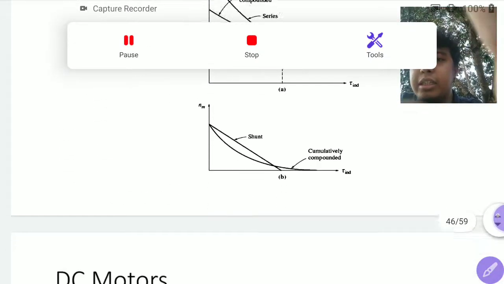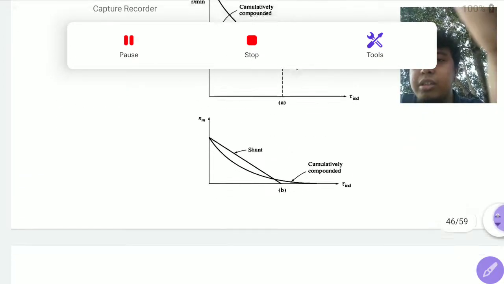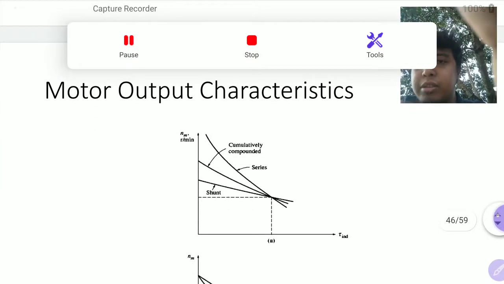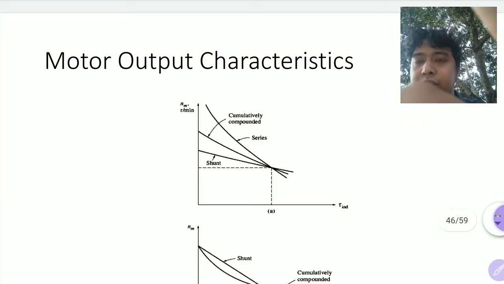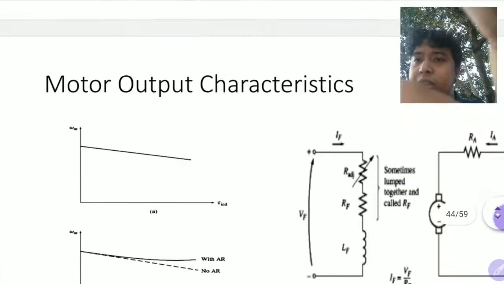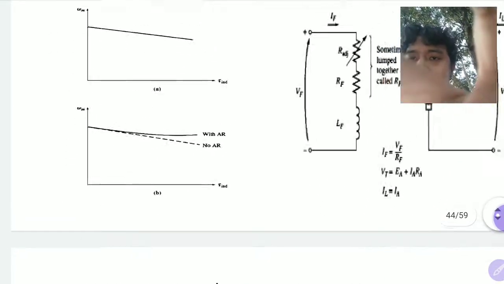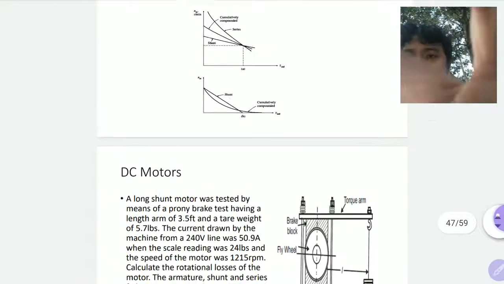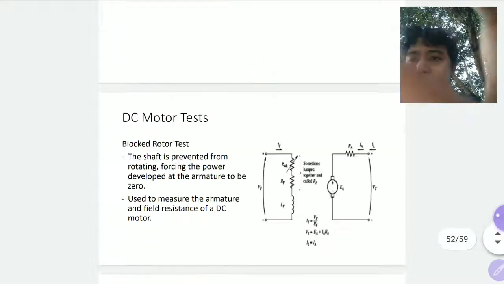And then this is on the different cumulative. Yeah, these are the different reactions at full load. Okay, so I guess that's it for motors.